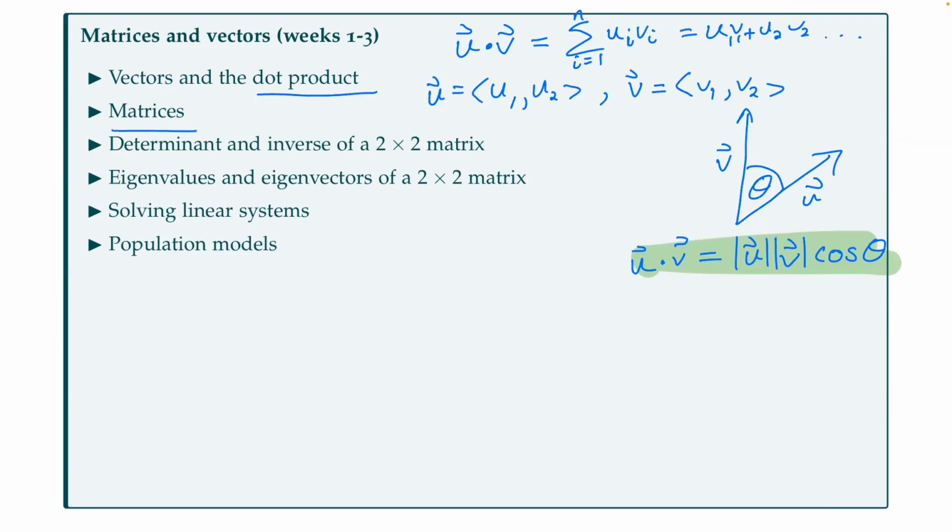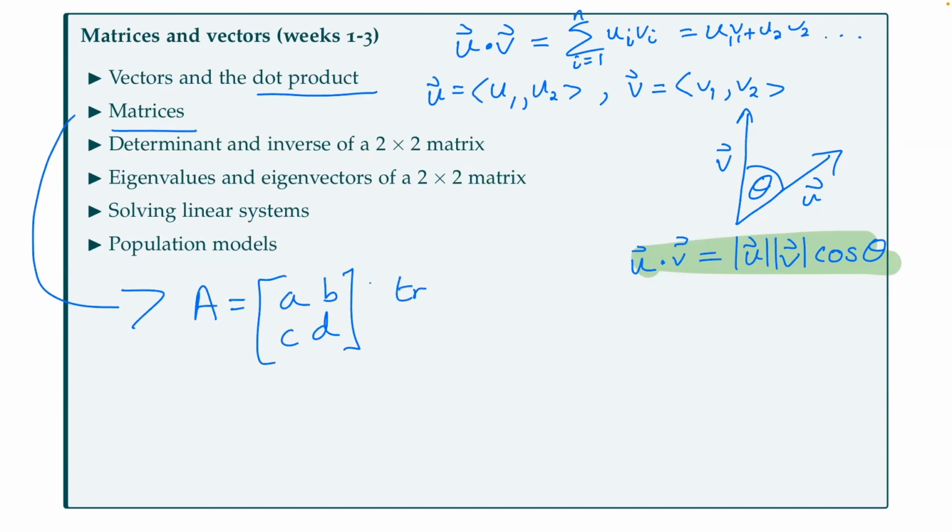We then moved on to matrices. Matrices we've used extensively. I'm not going to give a huge summary of them, but if you remember, if we have a 2x2 matrix, which is most of what we've been dealing with, with entries A, B, C, D, then we had various things like the trace, which we often call tau, which is just the sum of the elements on the main diagonal.